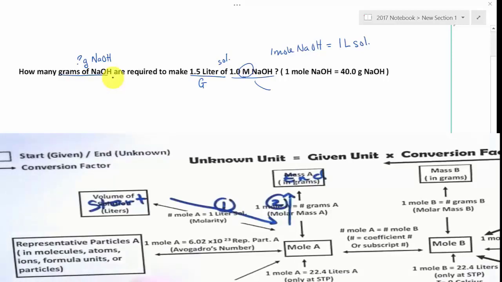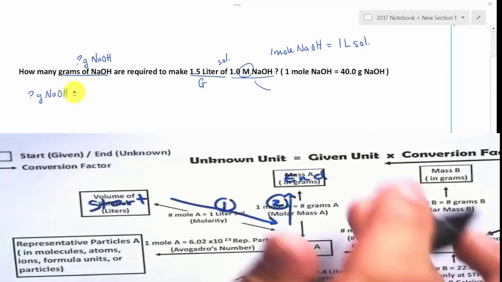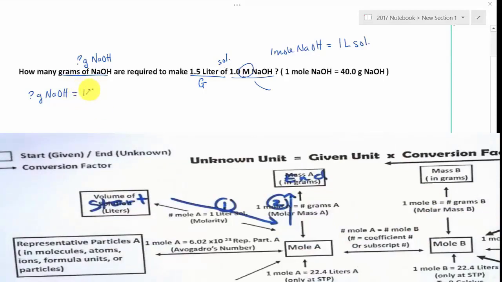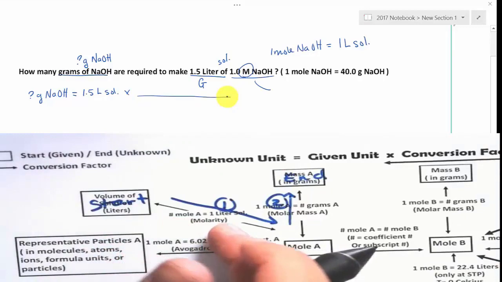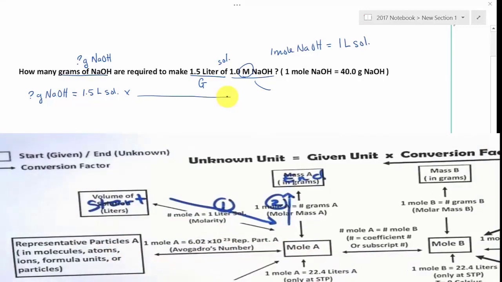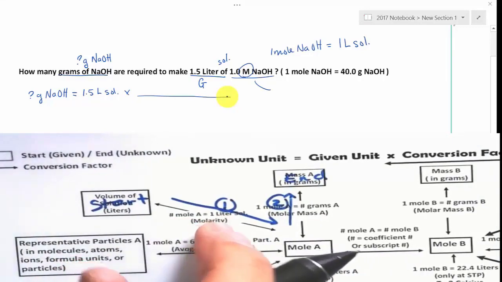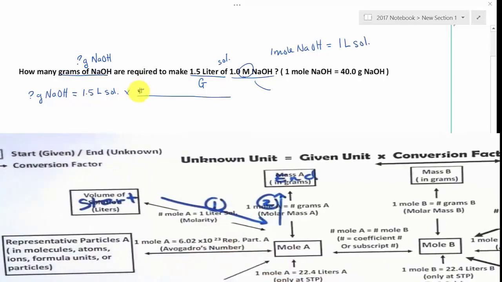So let's write this in terms of that format right there. So what are we looking for? Question mark gram of NaOH equal to the given, which in this case is 1.5 liter of solution, times the first conversion factor, which is number of mole A equal to 1 liter of solution.